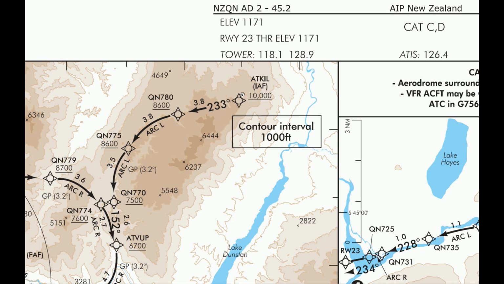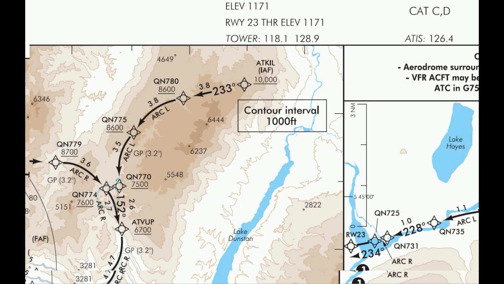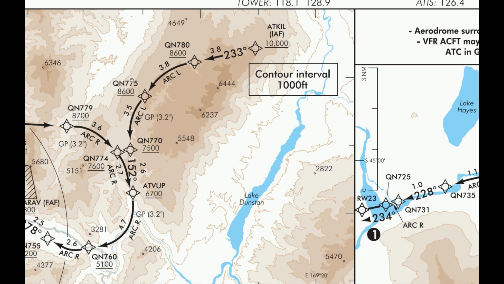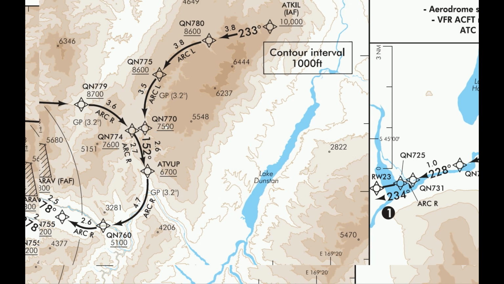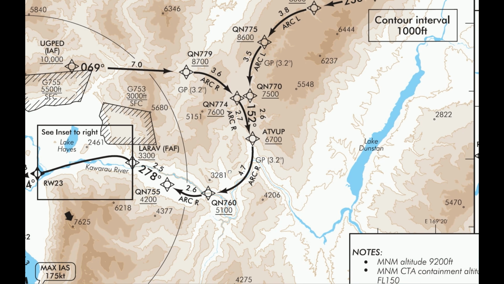So I will select any STAR, and then I will select ATKIL with the inbound track 233, and we'll position the aircraft somewhere here, 5 miles before ATKIL at 10,000 feet, and then we'll fly this RNAV transition, being careful with the steps here, down to LARAV, which will be our final approach fix.